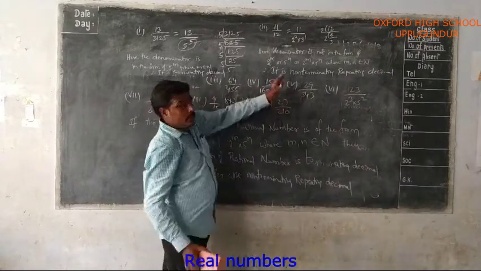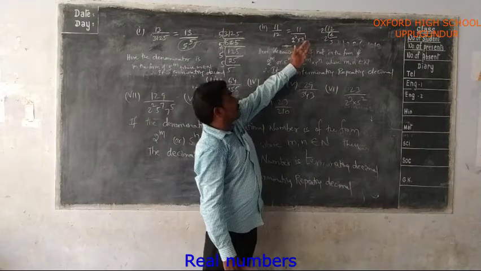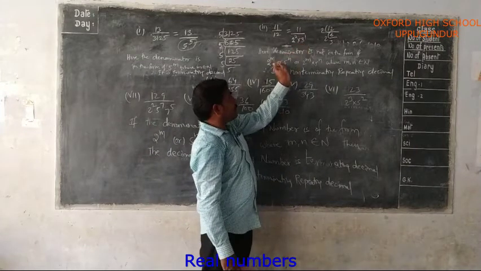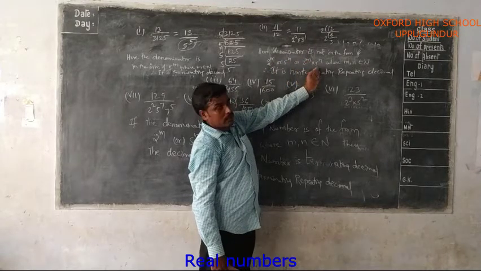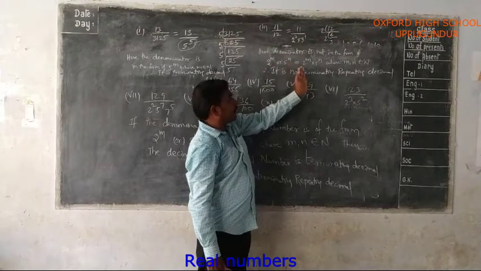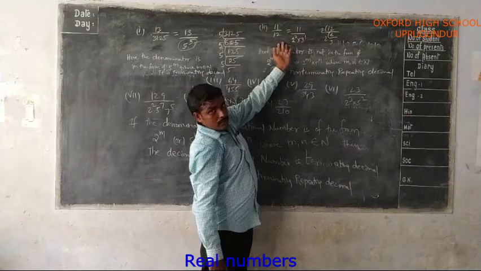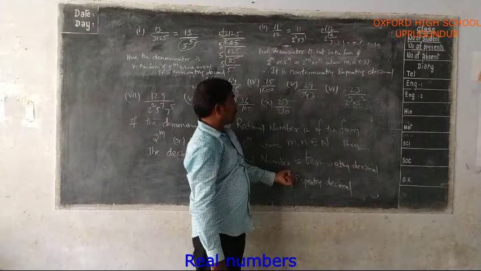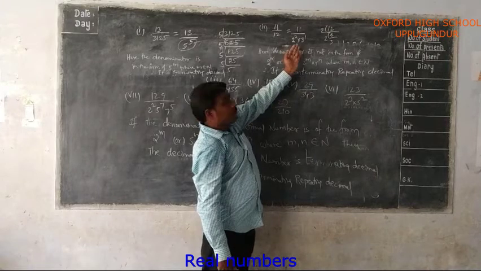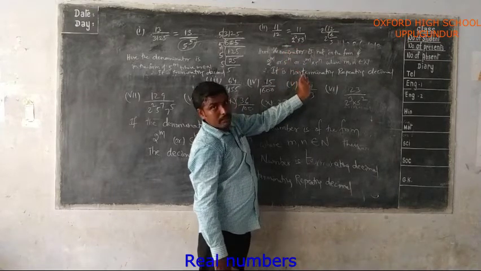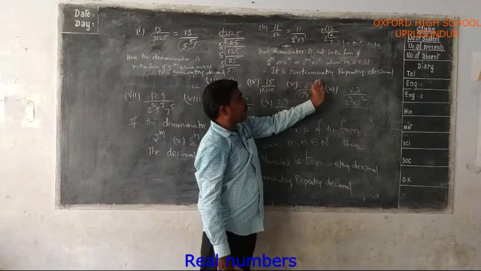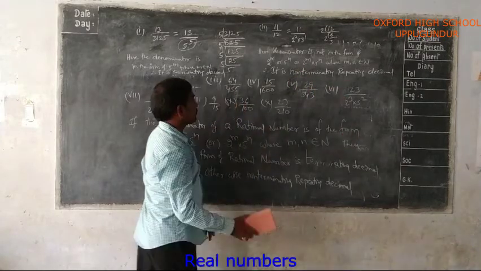So here the denominator is in the form of 2 powers and 3 powers. But when the denominator is only 2 powers or 5 powers or a product of 2 powers and 5 powers, then only this rational number has a terminating decimal. Here the denominator is in the form of 2 powers and 3 powers. That's why it is not a terminating decimal. So it is a non-terminating repeating decimal.